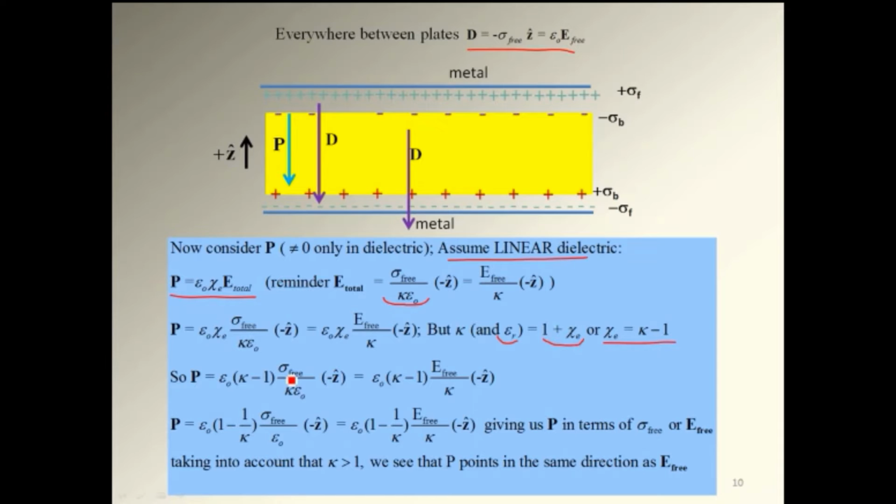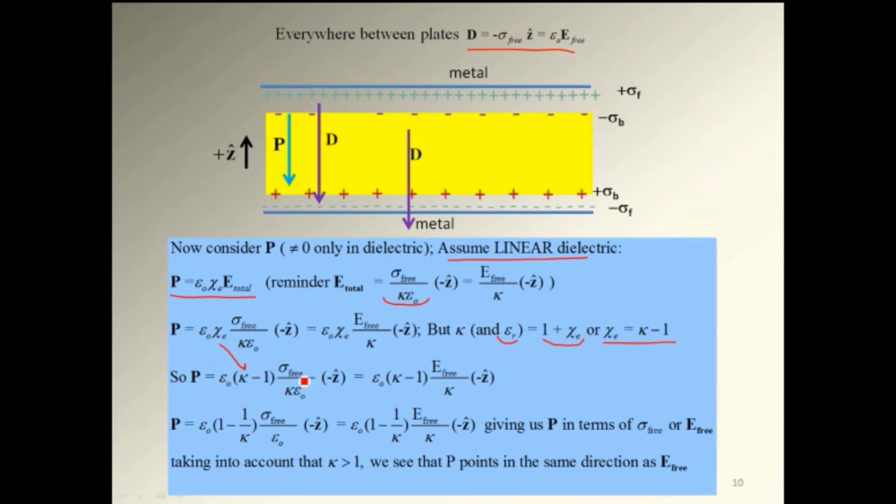We want to get this in terms of the kappa minus 1 factor. This is substituting for the chi sub E, and so P then is equal to epsilon 0, kappa minus 1, sigma free, kappa over epsilon 0 in the minus z direction. Remember that all of these are going to end up positive because kappa is greater than 1.